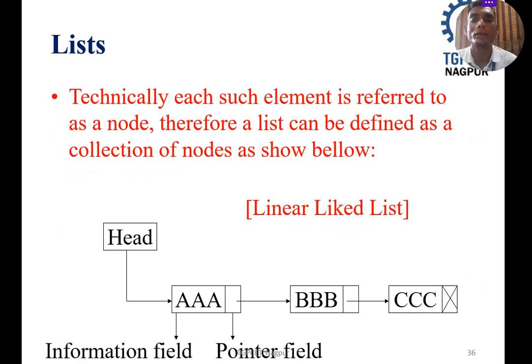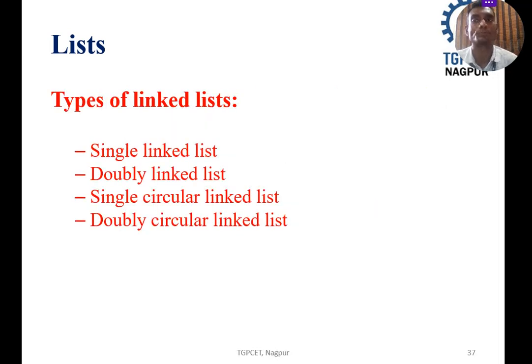Here it is clearly shown the element AAA, which consists of the actual information field, and there is also the pointer field. The pointer field deals with the address of the next element. The next element here is BBB, and the second field of BBB consists of the address of CCC. This is how the data is considered under a list.